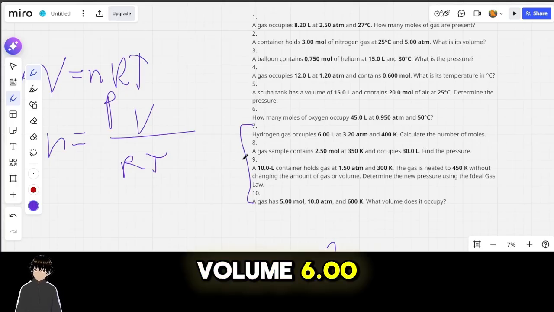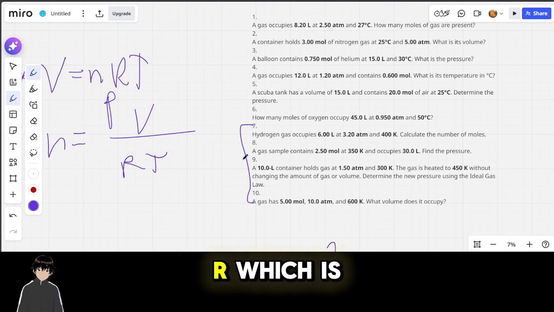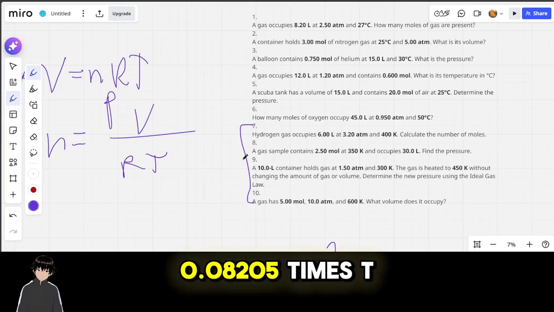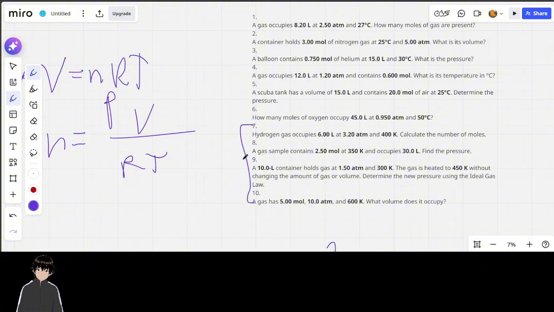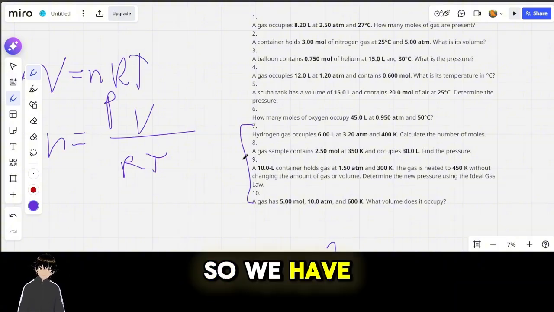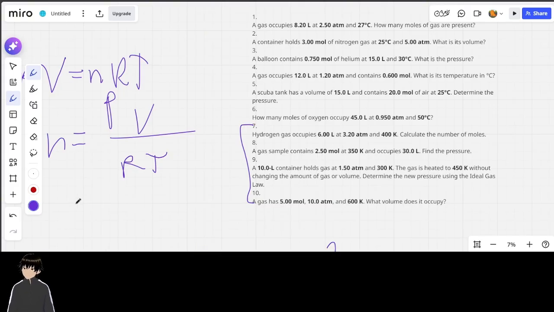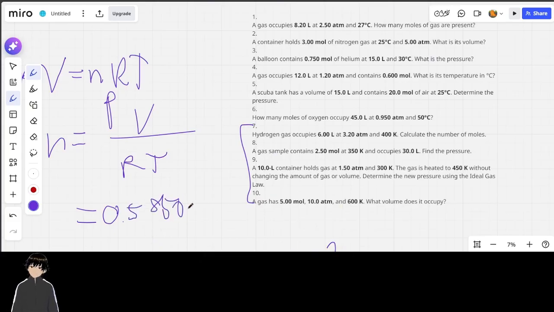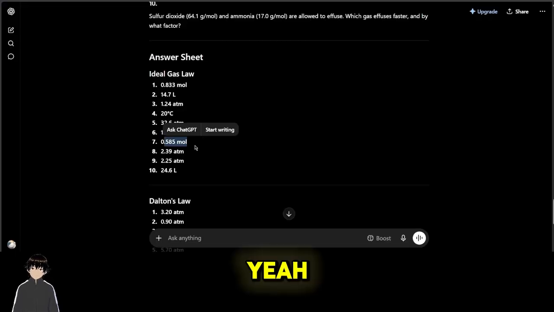Volume 6.00, over R, which is 0.08205, times T, which is 400. So we have 0.5850 moles.